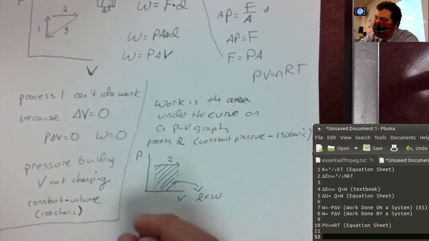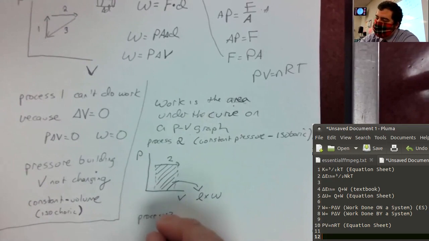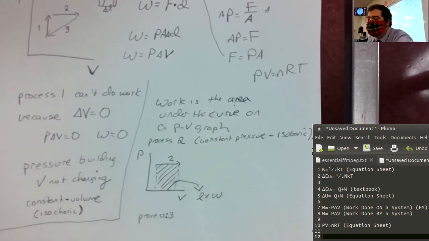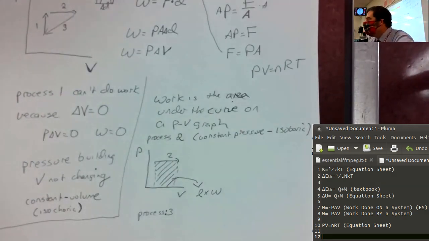So process 3, and that doesn't have a name because that is actually not any sort of special curve at all. We're going to see that for the other things that are constant, like holding temperature constant or not putting any heat in the system, what you end up with for process 3 is actually some sort of curve.